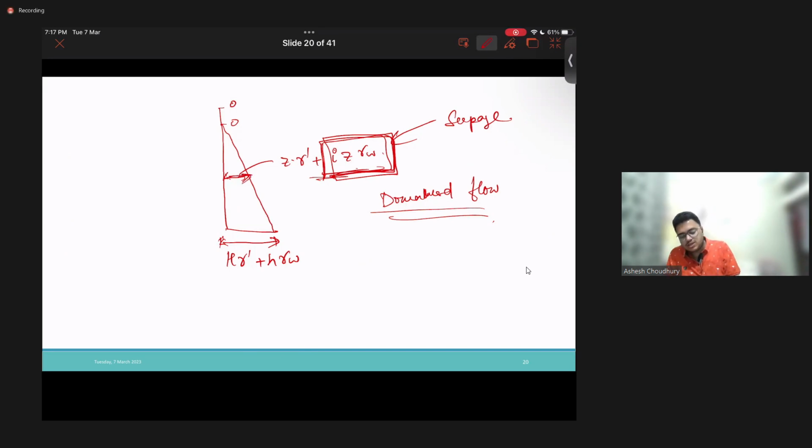In no flow condition, my effective stress here is nothing but z into gamma submerged. But due to the downward flow, this seepage force contributes positively, so my effective stress increases by i z gamma w, this amount.